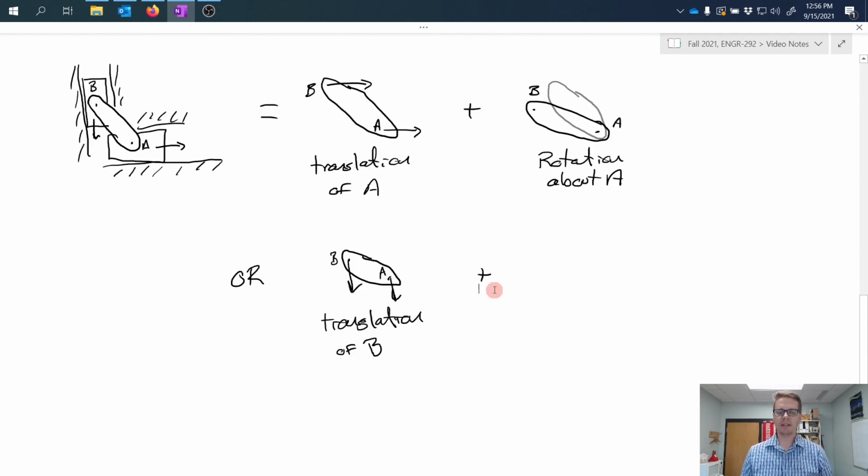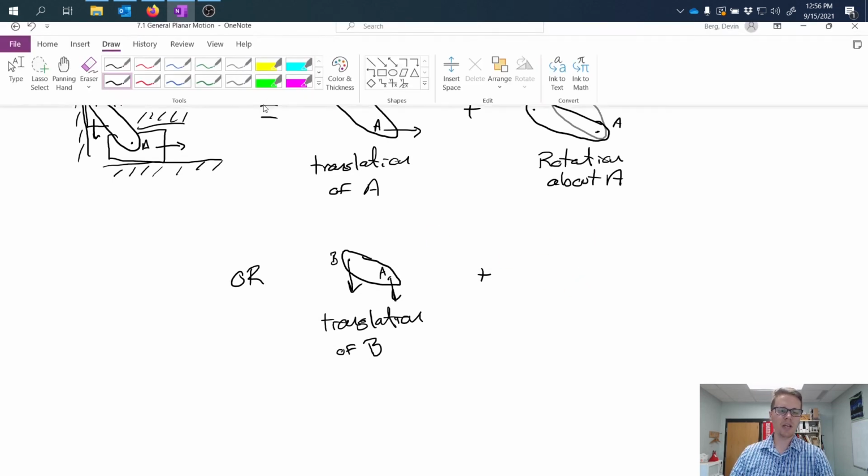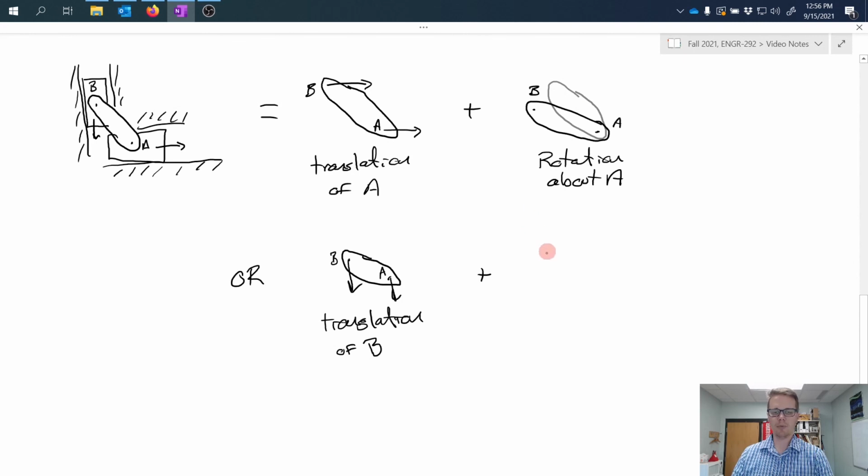And then, in order to make it physically possible, we'll add to this a rotation about B.